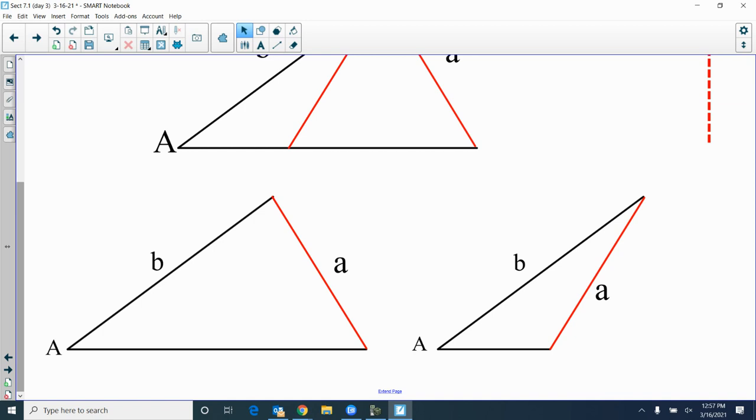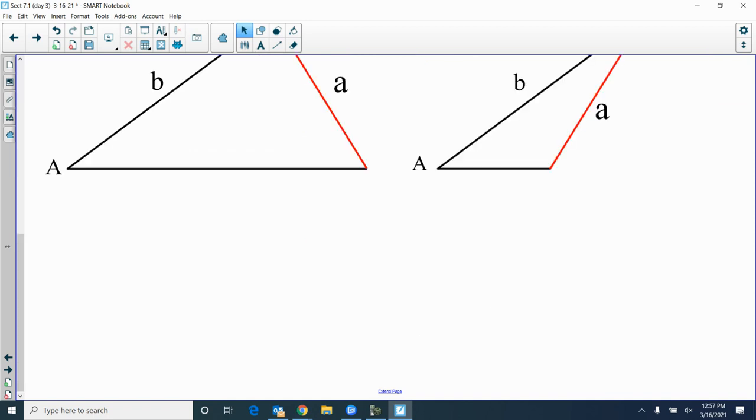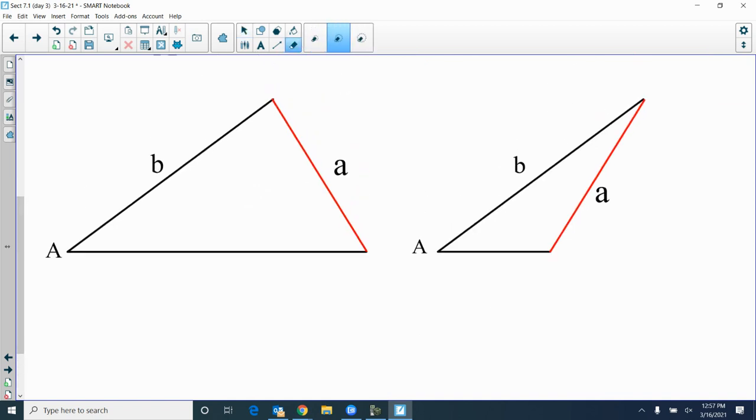Now here's the big thing that comes up, and this is how to determine whether we get 1 or 2 triangles. This initial angle, this angle here, let me call it X, is going to be related to this angle. This angle is always going to be 180 minus whatever that is. This is the only angle you can find using the law of sines.